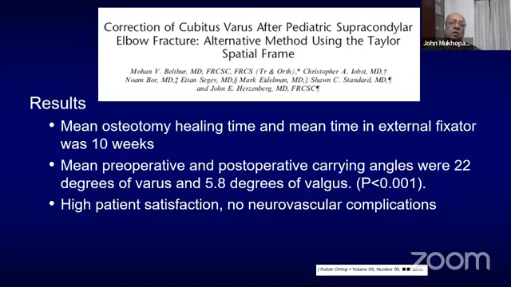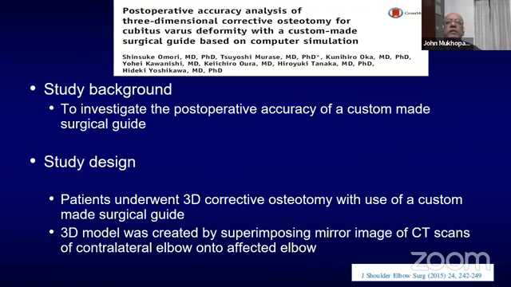This also gives you the option of adjusting your correction till you know that the elbow looks okay. So the external fixator or the gradual correction has that advantage.